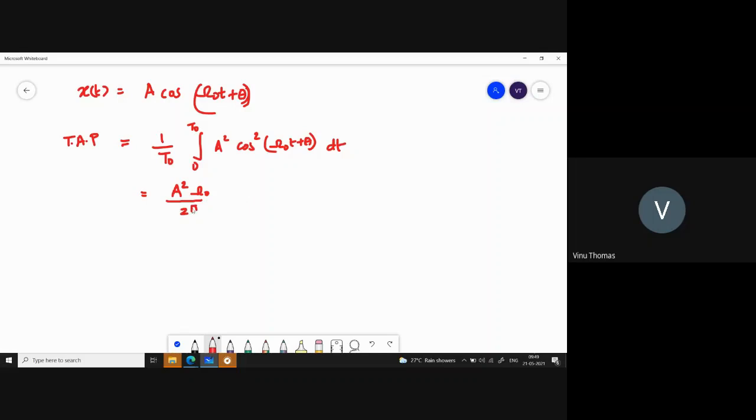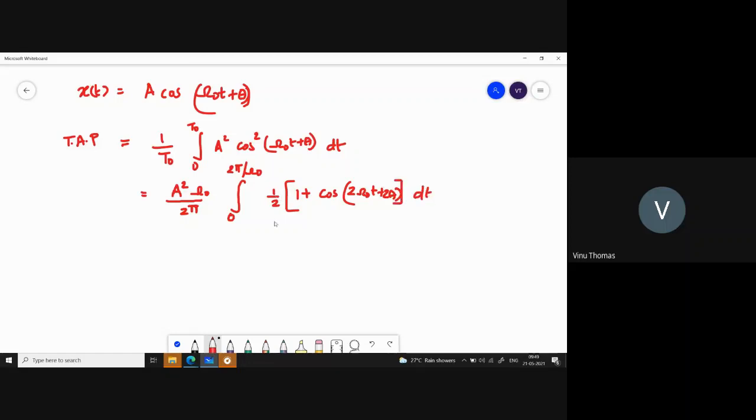And I will put the limits of the integral in terms of omega naught. So that is known to you. So that I can write in terms of the frequency as 0 to 2 pi by omega 0 into, here I can expand this as 1 by 2 into 1 plus cos 2 omega naught t plus 2 theta dt, right?